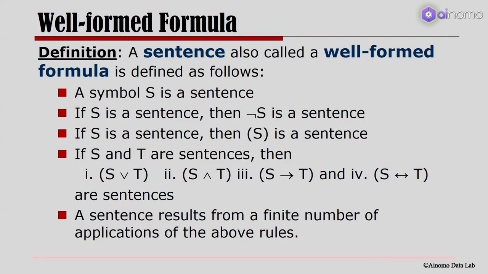If I have a sentence S and close it within parentheses, that also is a sentence. Next, if we have sentences S and T, then the disjunction of S and T, the conjunction of S and T, if S then T, and S if and only if T are all sentences. A sentence in propositional logic can only result from a finite number of applications of the above rules.